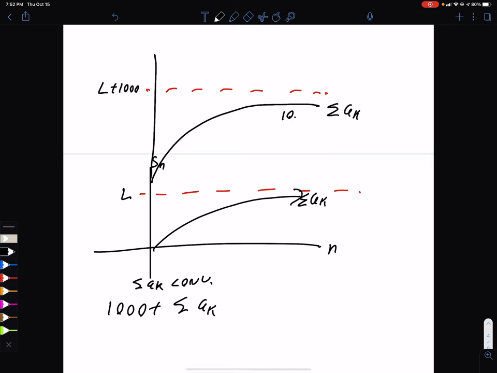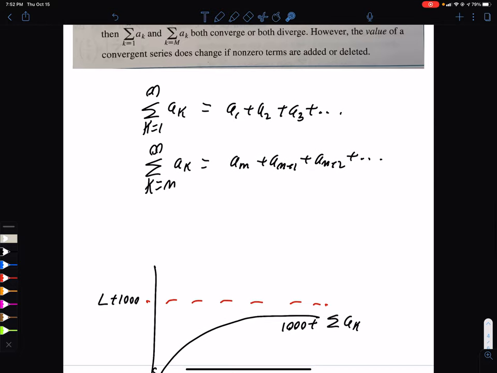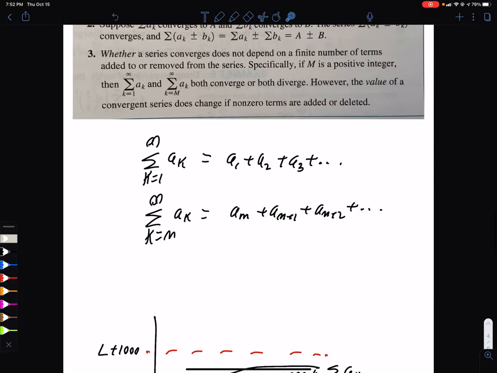We just added 1,000 to each point, and it moves up. So, all it's saying, I can add or subtract any constant in front. All it does is shift up or down, but if it converges, it's still going to converge. And if the original diverged, the new will diverge. So, it doesn't matter where you start in a series.